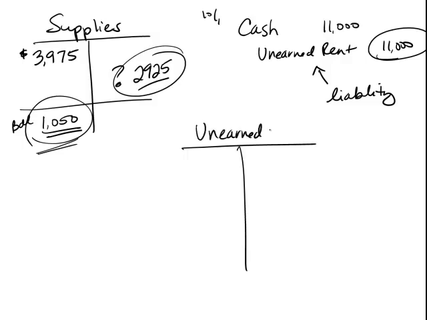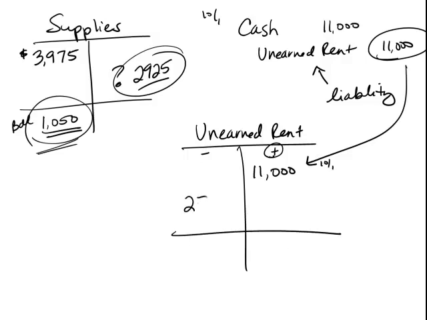So if we had our T account for unearned rent, which is a liability, liabilities increase on this side. We know that has $11,000 balance. That's what we did back on October 1st. We have used, or earned, I should say, $2,750 worth.